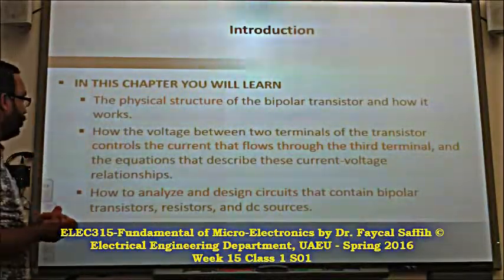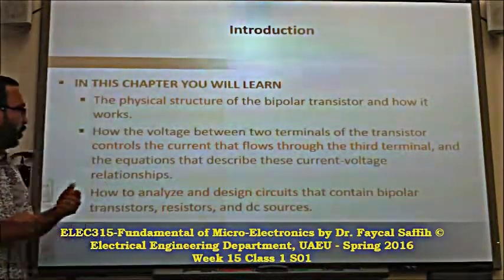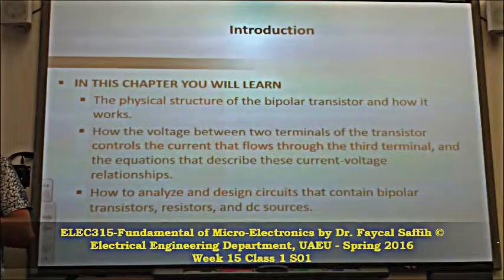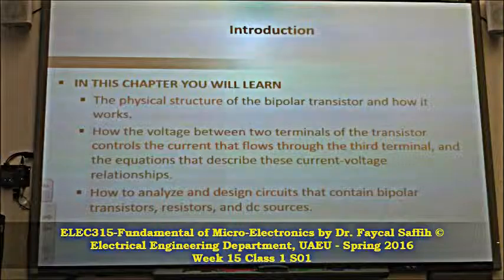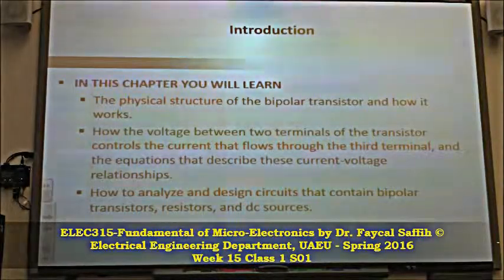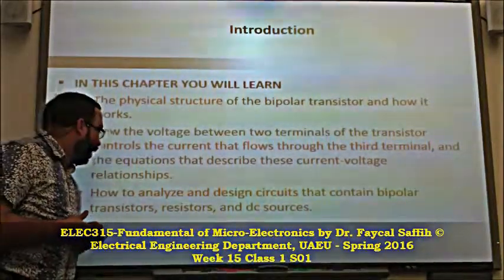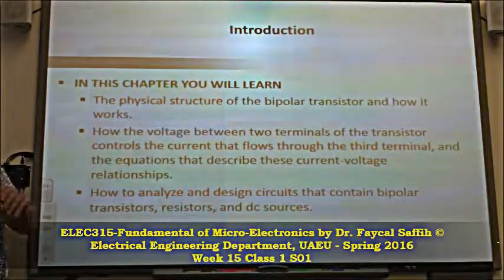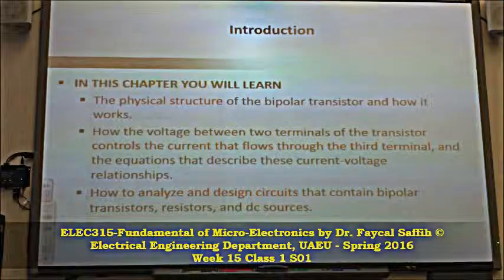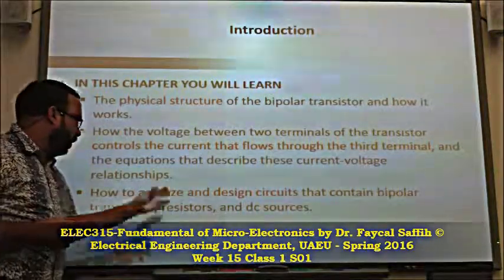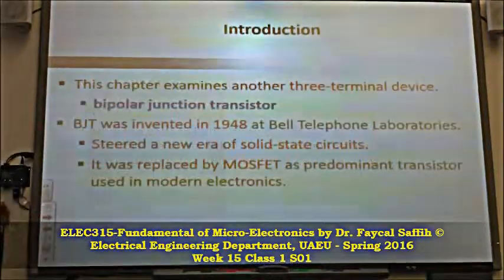We'll talk about the equations that describe this behavior, and it will have some regions, the same as the MOSFET. A lot of similarity between the two. Then finally, we'll analyze and design circuits using bipolar, basically amplifiers.